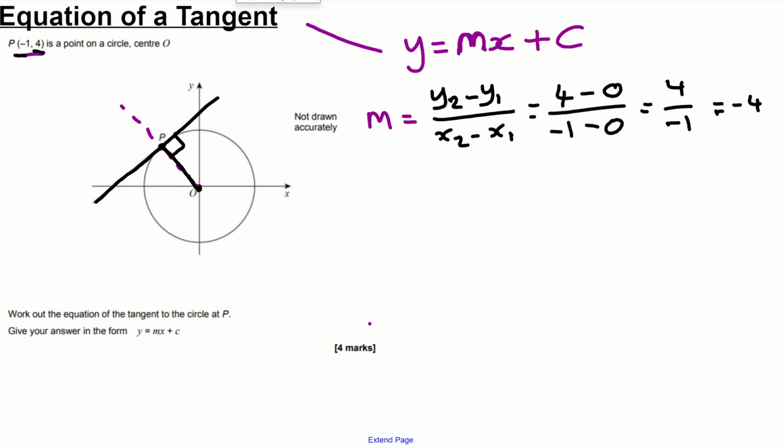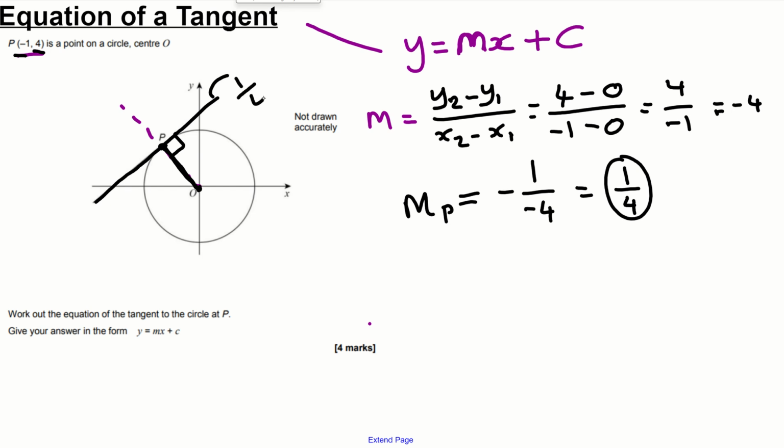And the gradient of a perpendicular line is always minus 1 over whatever this one's gradient is, and that was minus 4. 2 minuses cancel, therefore the gradient of this line is 1 over 4.